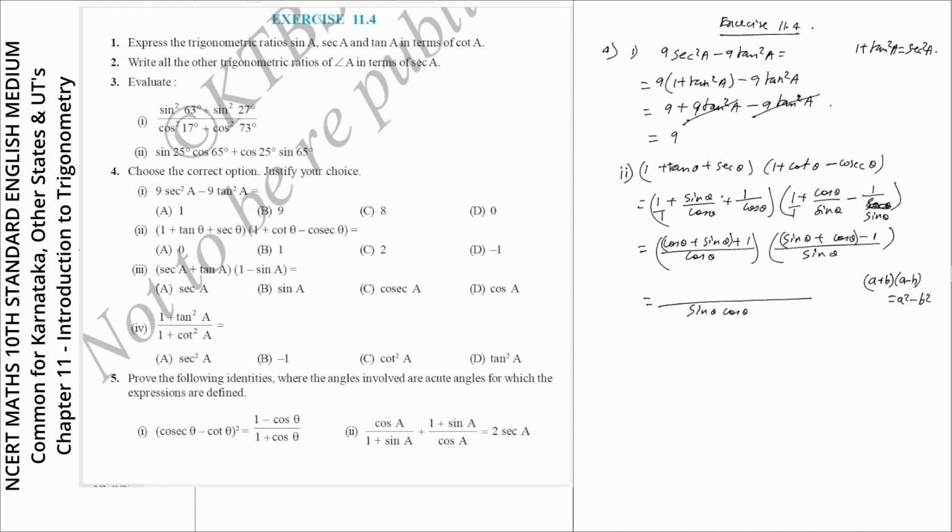Okay, so sin theta plus cos theta plus 1 into sin theta plus cos theta minus 1 is there. Therefore, according to this identity, this becomes cos theta plus sin theta the whole square minus 1 the whole square.